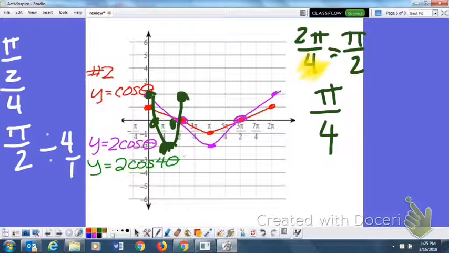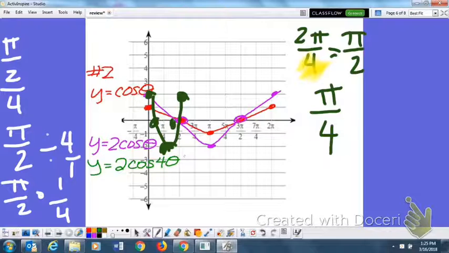If I'm dividing two fractions, I change division to what? To multiplication. So it's going to be pi over 2 times, what do I do with the second one? We flip it. So pi times 1 is pi, and 2 times 4 is 8. So this point that was at pi over 2 moves to pi over 8.